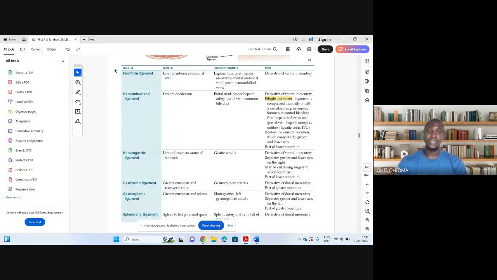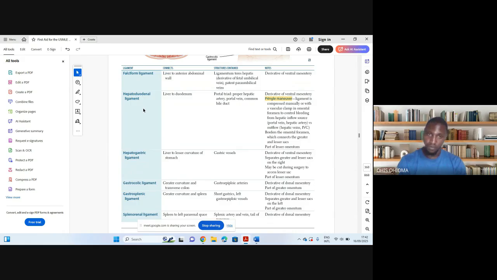Anything hepato is gotten from the ventral mesentery, and anytime you see gastro, it's gotten from the dorsal mesentery. Okay. Now, the important thing you have to know for the exam are the vessels that run inside them. But among all of them, the most high yield one is the hepatoduodenal ligament.